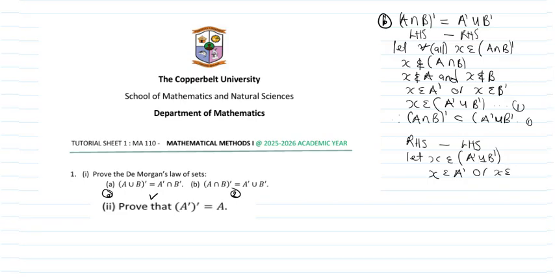So this means that X is not a member of A now, and you put and here, the or changes now to and: X is not a member of B. This means that X is not a member of A intersection B. This means that X now will be a member of A intersection B, then complement, like that.